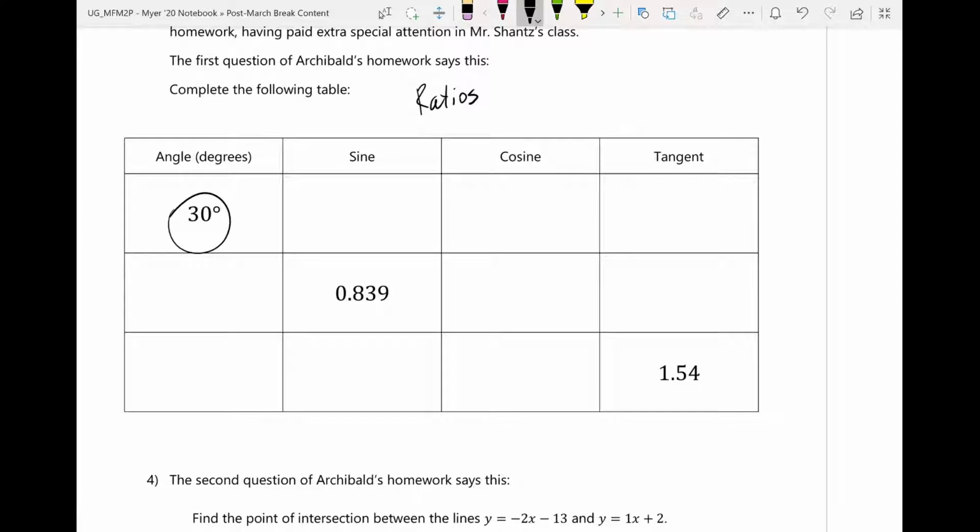So the sine is 0.500. Yep. And then the cosine is 0.866. Good. And then the tangent is 0.577.